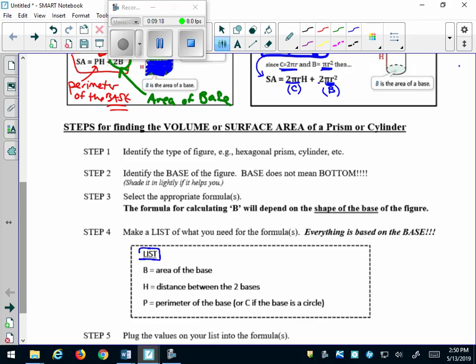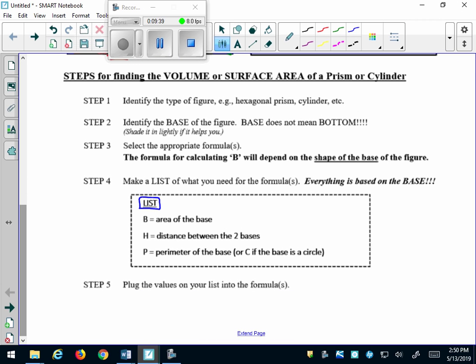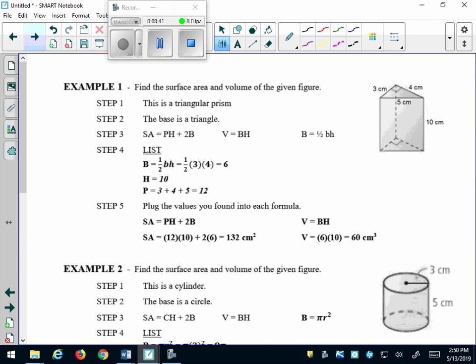You'll notice that part of the steps is making a list of what you need in the formula. That is going to be critical and actually required, because when I'm grading your tests or quizzes, I expect you to have that list there and all filled out, and it's going to be worth part of the points. So you want to make sure you do it. But let's get to one.